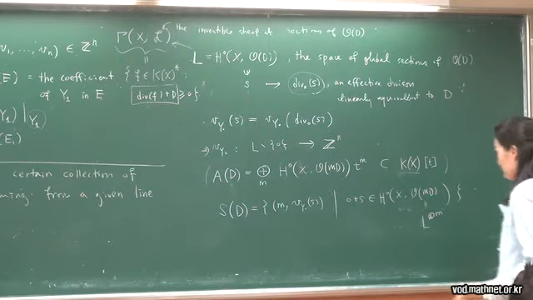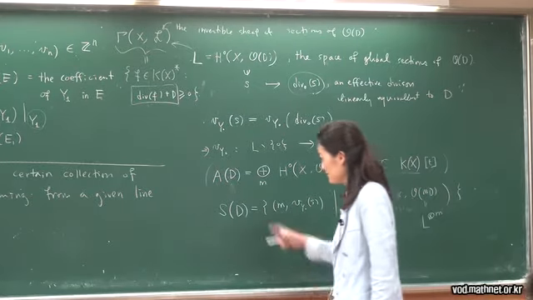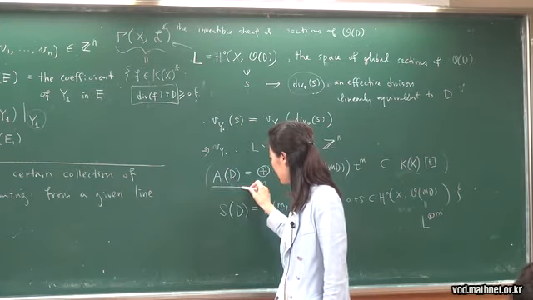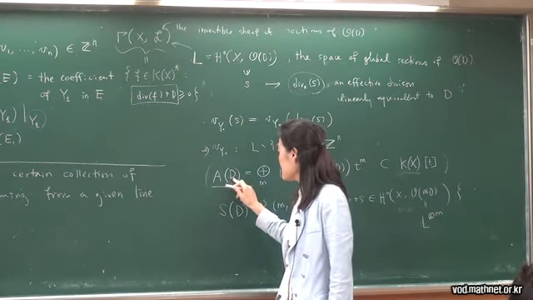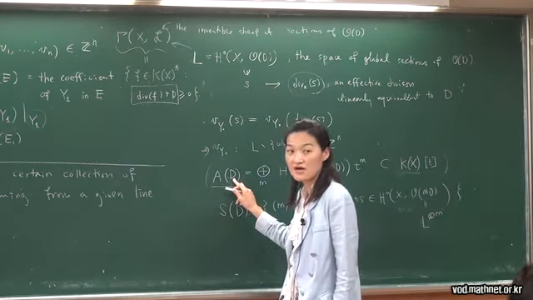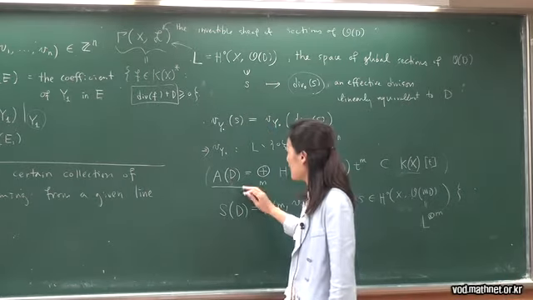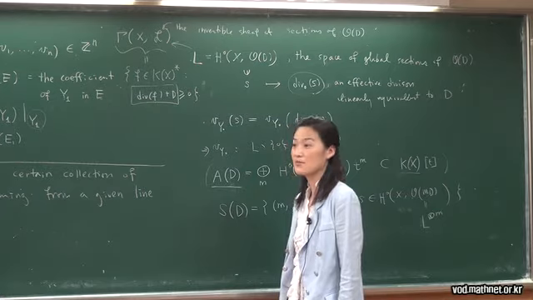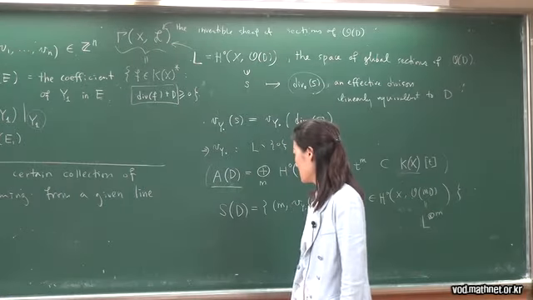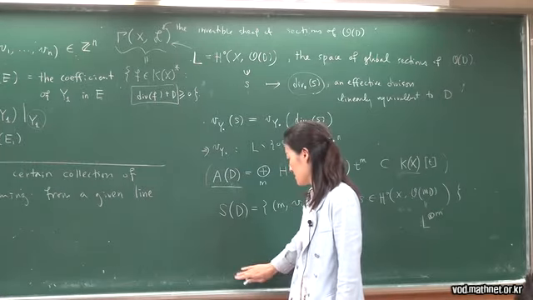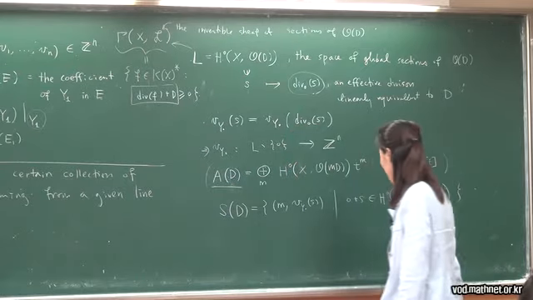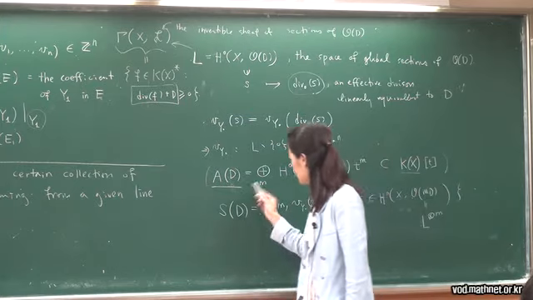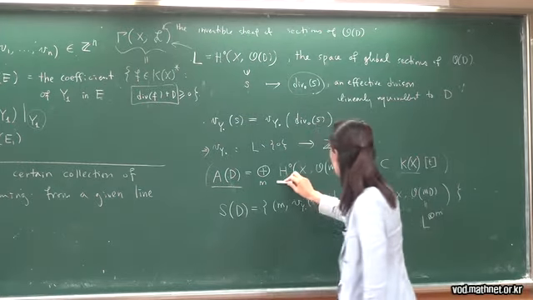Last time I said, if D is an M-line bundle, this is an algebra of integral type. If D is any divisor or L is any line bundle, this is an algebra of almost integral type. Now it depends on what you want to do. Sometimes you don't take all this space.